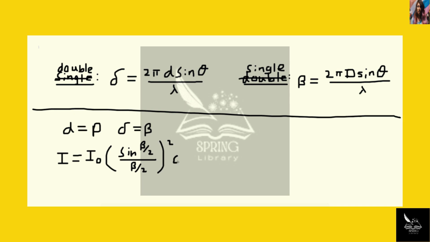And then it gets multiplied by the cosine of delta over 2 squared. But we can replace delta with beta.